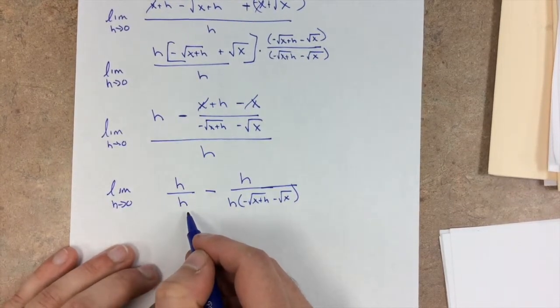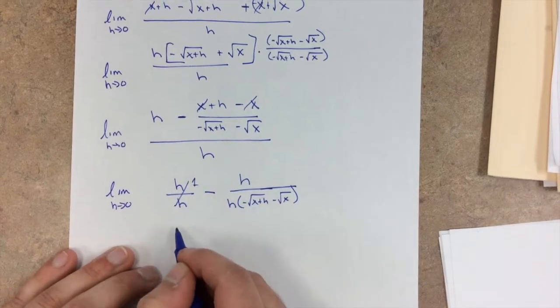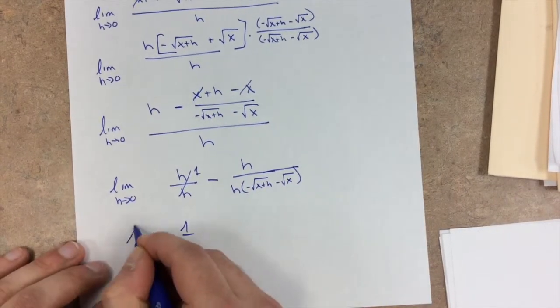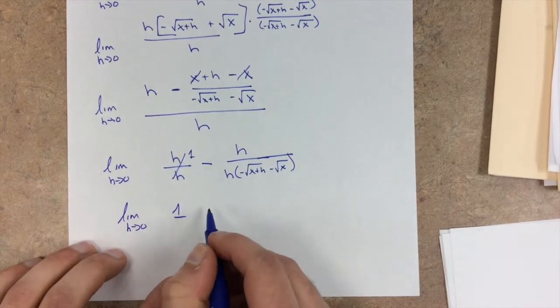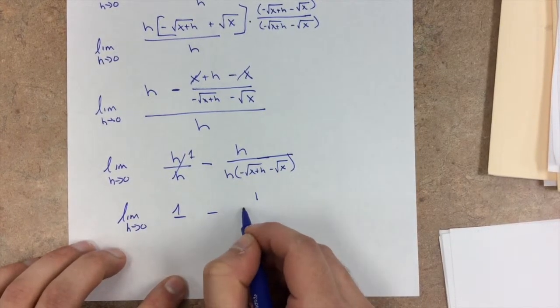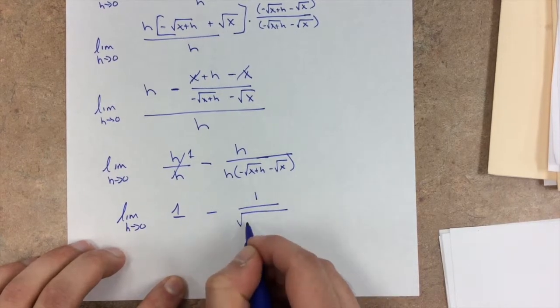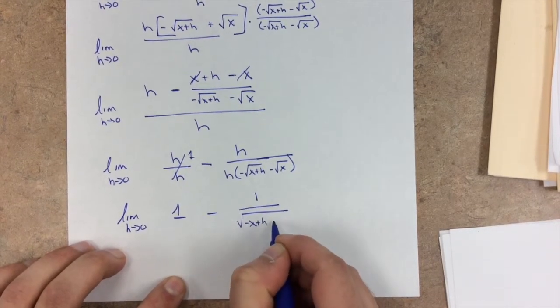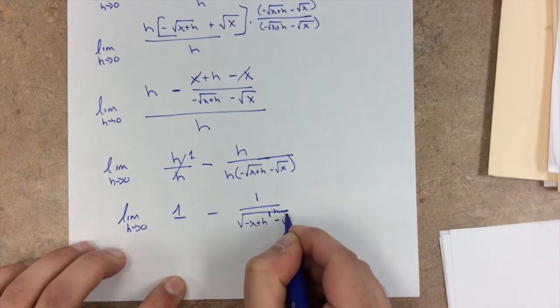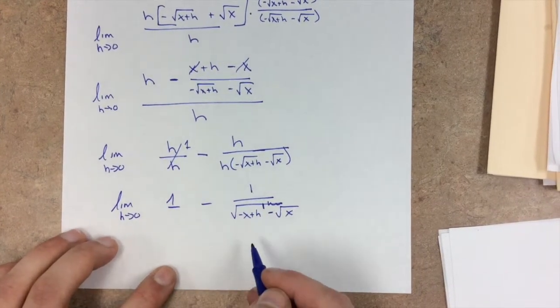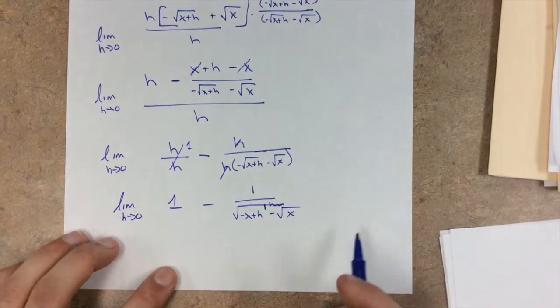Well, this term here is just 1, so that's 1. The limit as h approaches 0 minus 1 over square root of negative x plus h, sorry about that, minus the square root of x, because our h's cancel out up here.